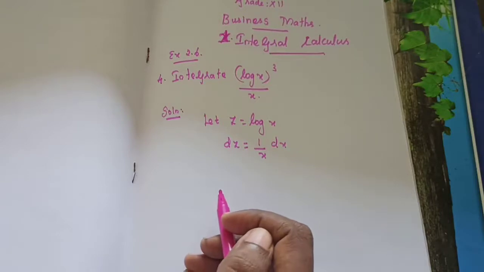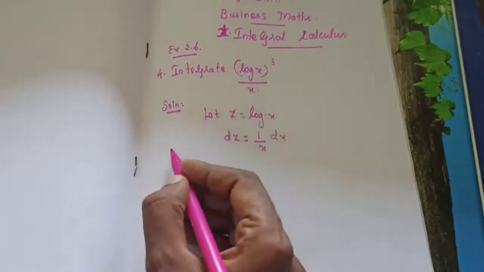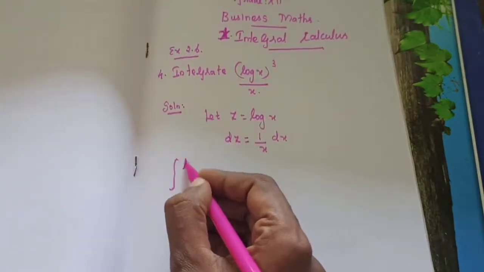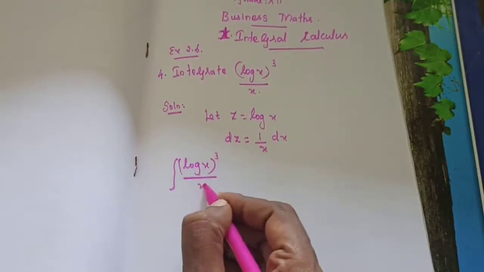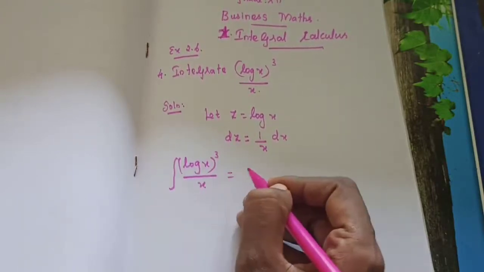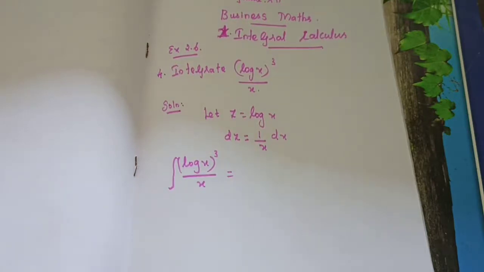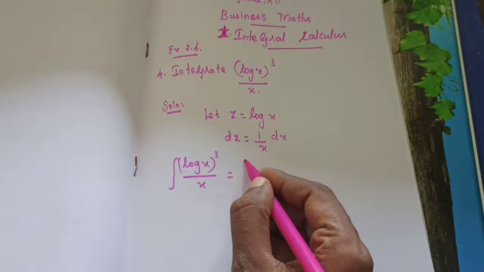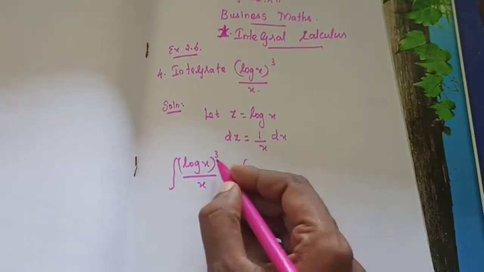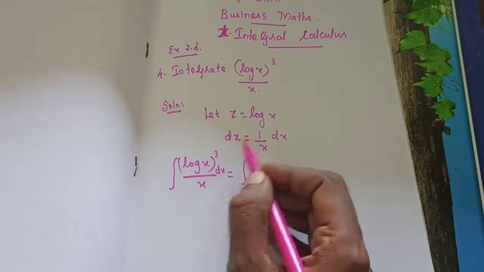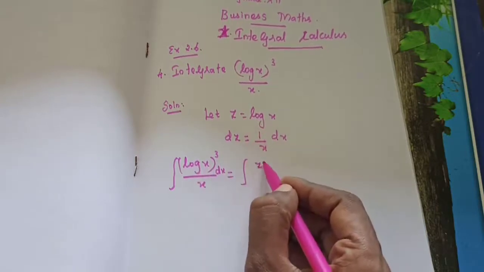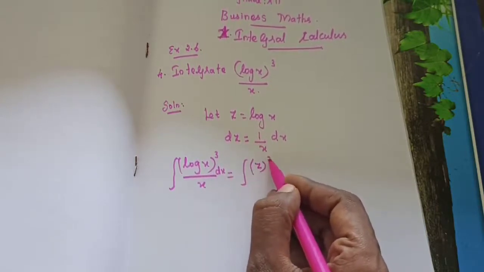Now we are going to substitute in the question. That is, the integration of (log x) the whole cube divided by x is equal to, listen here very carefully. Log x, what's the value? z, correct? z the whole cube.